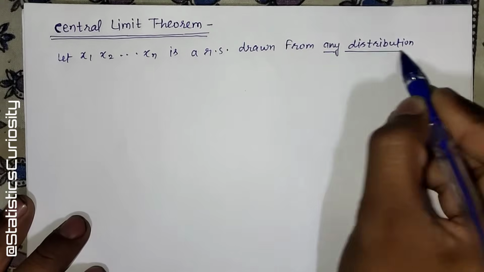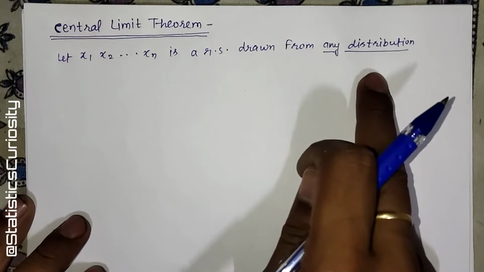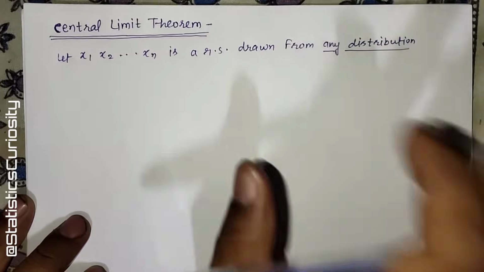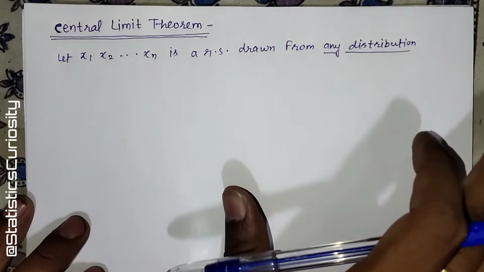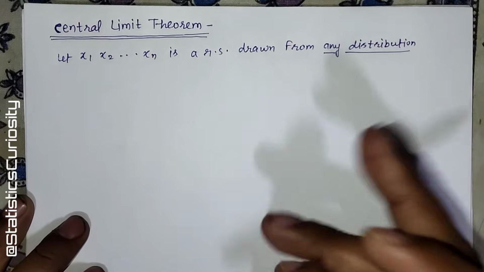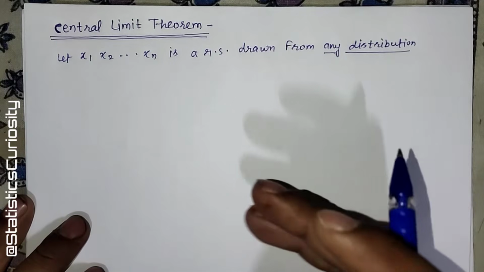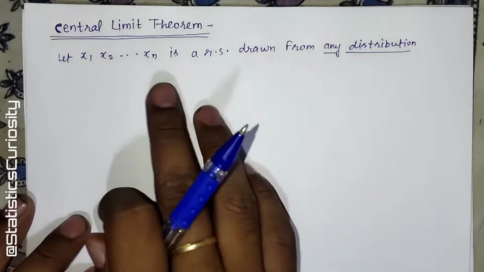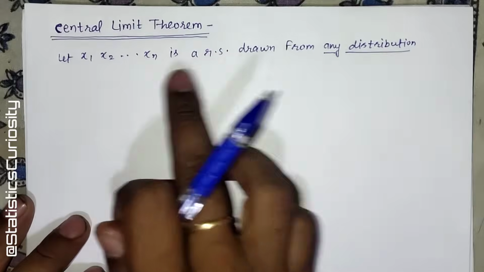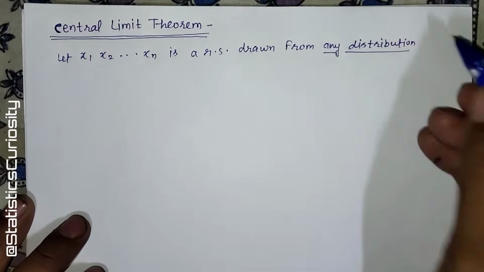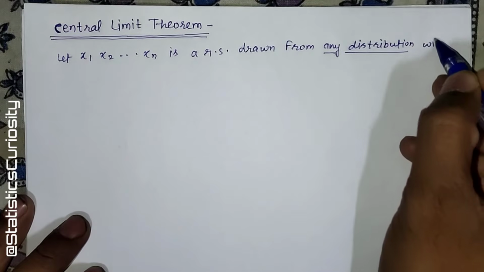This is the important thing. I have not said that the random sample is coming from any particular distribution, say normal distribution or Poisson distribution or exponential distribution or anything else. It is written that a random sample is drawn from any distribution.